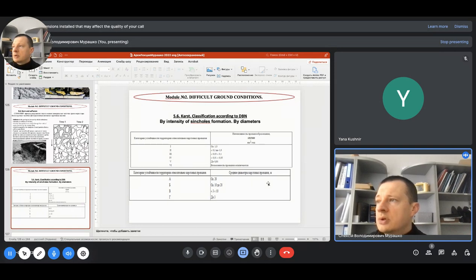So the next thing that we have to talk about is the classification according to Ukrainian building codes, and according to Ukrainian building codes, we have six levels of classification.